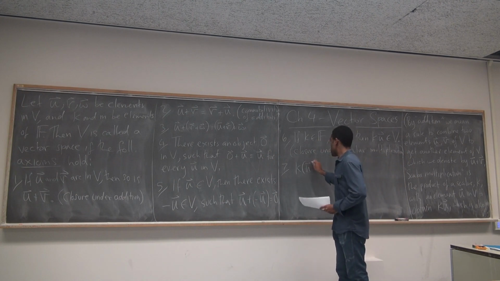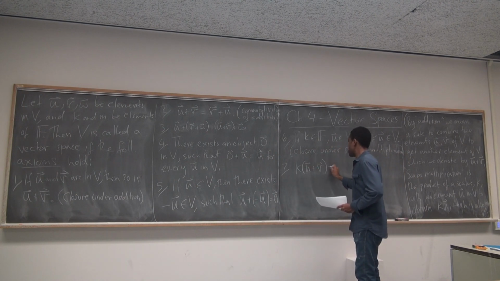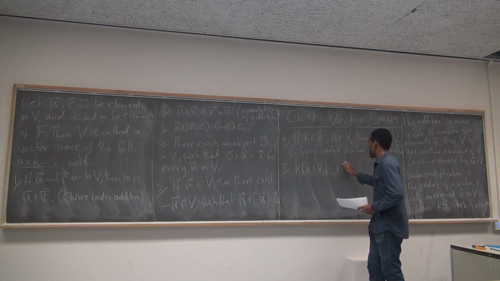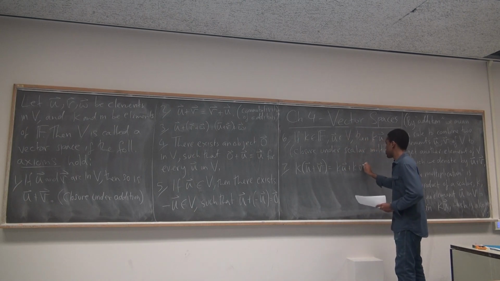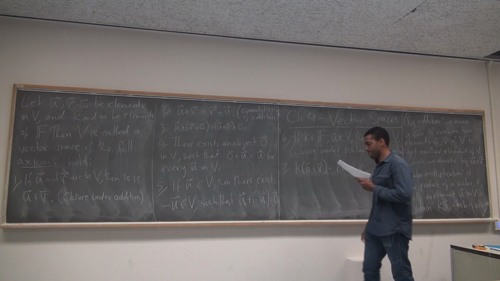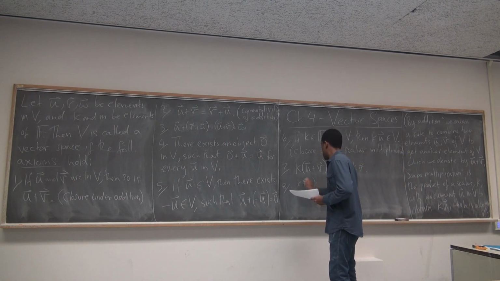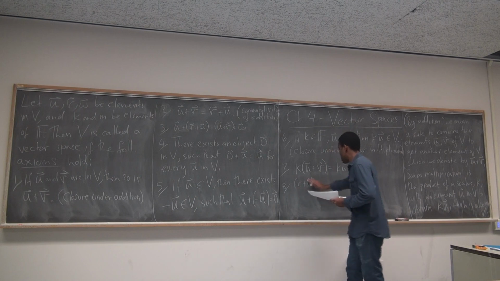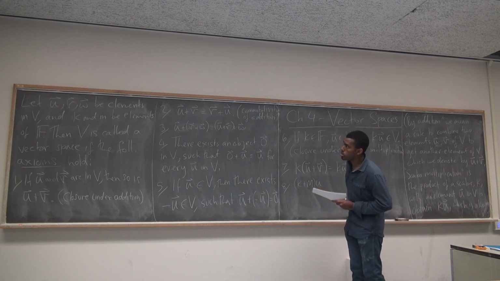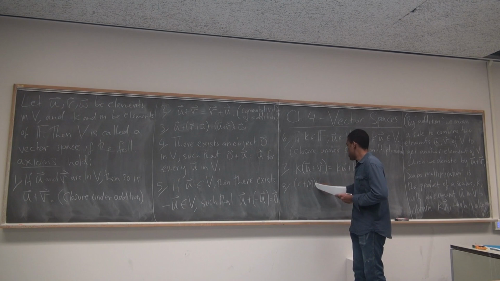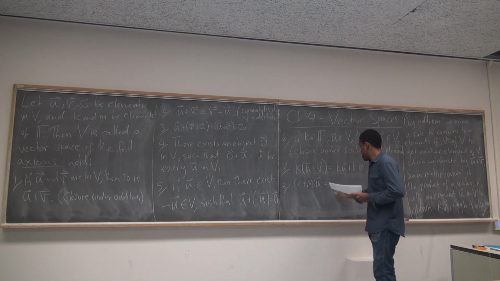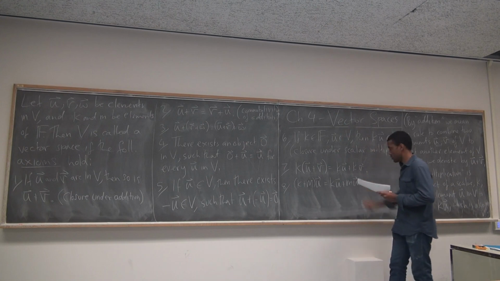Seven, scalars distribute across sums. So K times (U plus V) is equal to KU plus KV. Eight, K plus M, I think was the other guy's letter. (K plus M) times U is equal to KU plus MU.